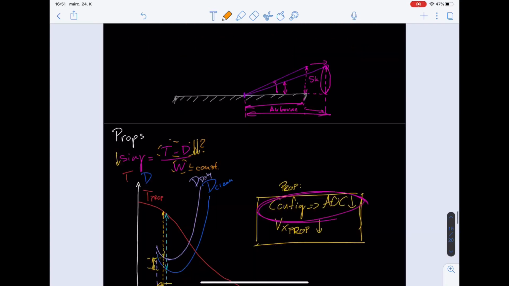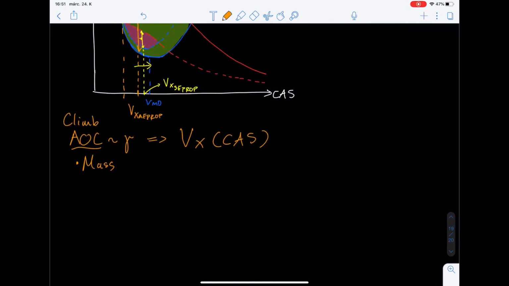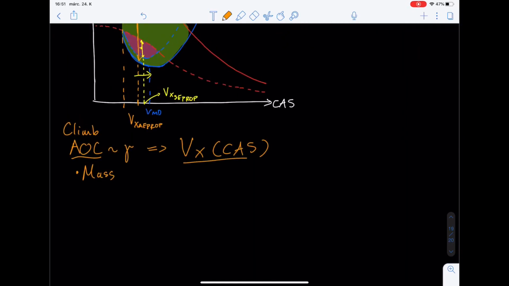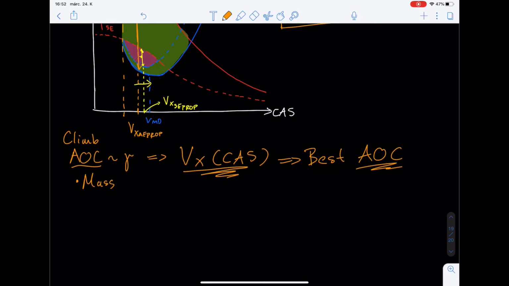Even before we went into the influencing factors, we also defined the Vx. Usually the Vx is the calibrated speed, the speed for the best angle of climb. So if the pilot maintains this Vx speed, where he can achieve the best angle of climb, this is what the airplane will basically achieve, the best angle of climb. And we'll talk about why that's useful a bit later on.